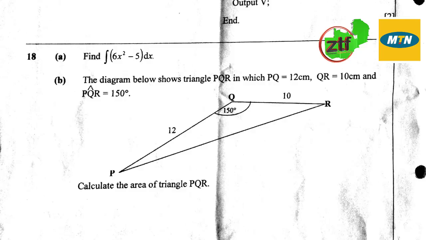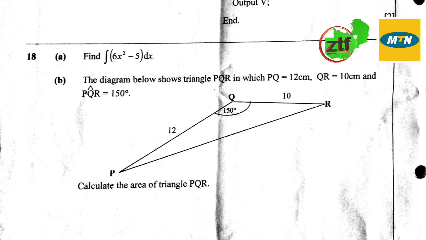The question says the diagram below shows triangle PQR in which PQ is 12 centimeters, QR is 10 centimeters, and the angle PQR is 150.